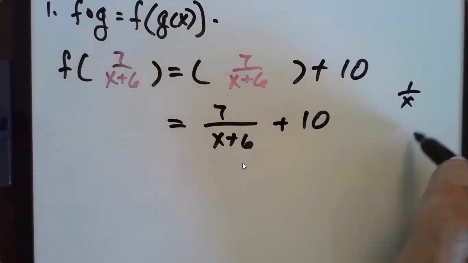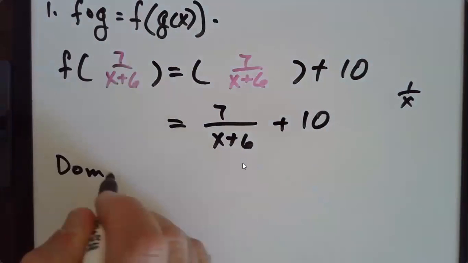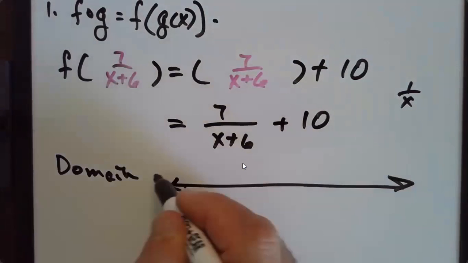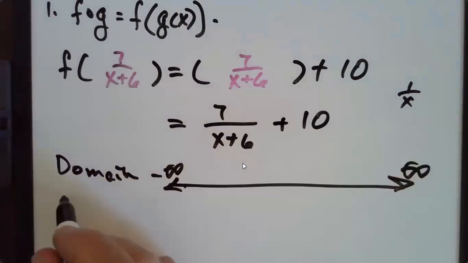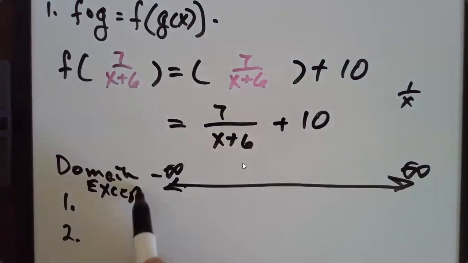So basically we know that the domain is all real numbers, right? Except in two cases, for what we're working with. And what were those two cases? Except when x is in the what?